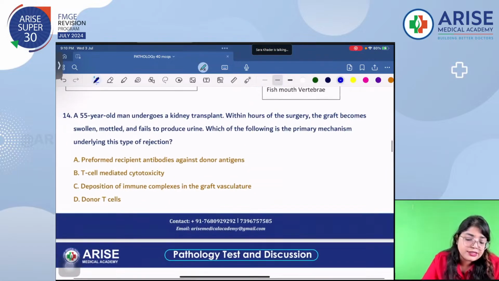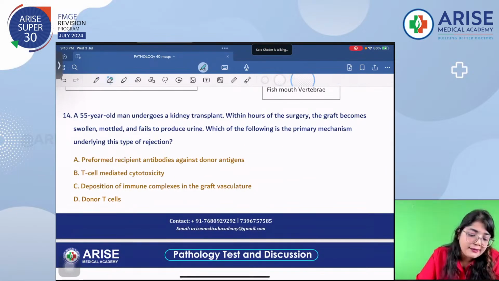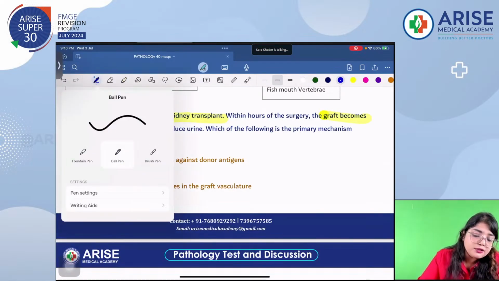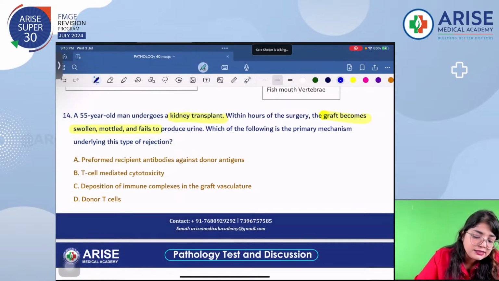Now look at the next question. A 55-year-old man undergoes a kidney transplant. Within hours of the surgery, the graft becomes swollen, mottled, and fails to produce urine. So what kind of graft rejection is this? Guys, this is happening within hours. Very important point to note.